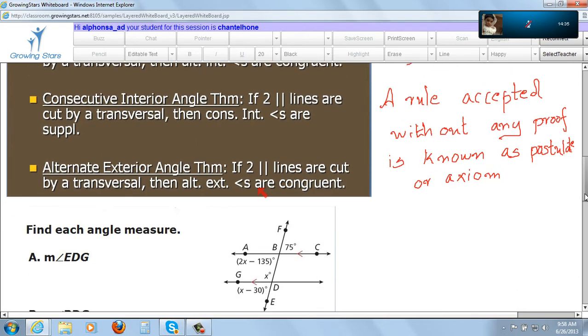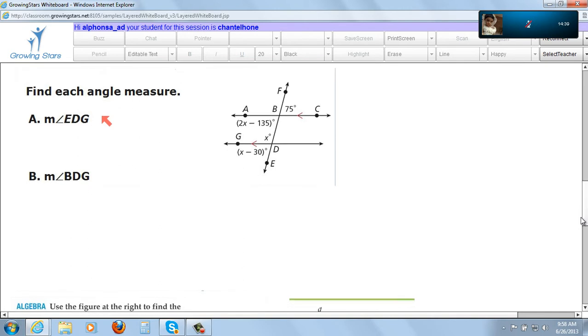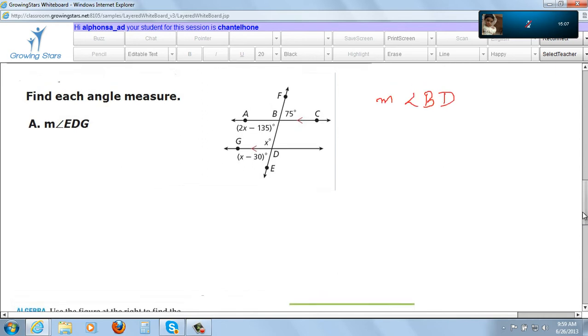Can you just try this question? Let us do it together. And also see, if you are seeing the arrowheads like this, it means that the lines are parallel. Is it clear? Angle BDG, measure of angle BDG.